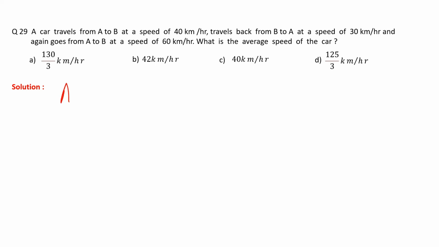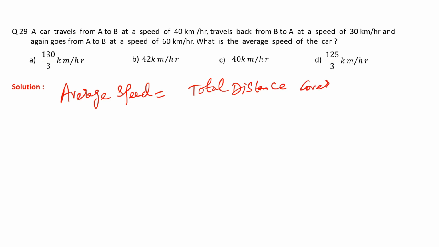Now, average speed is defined as total distance covered divided upon total time taken, right?